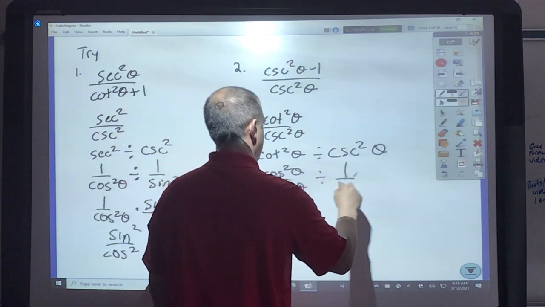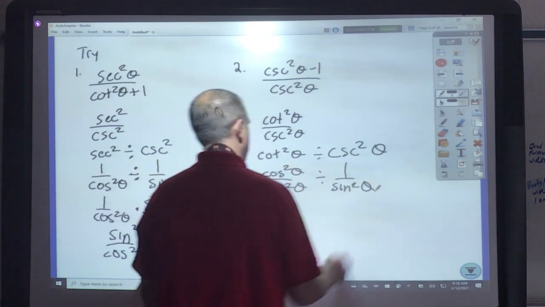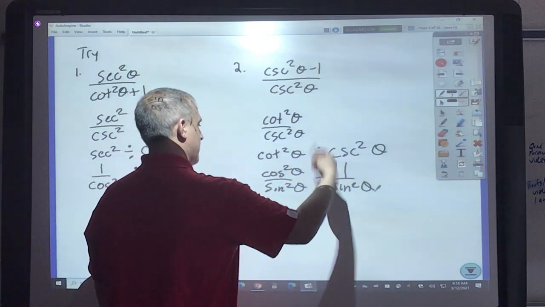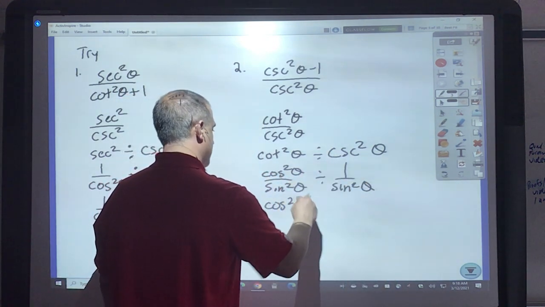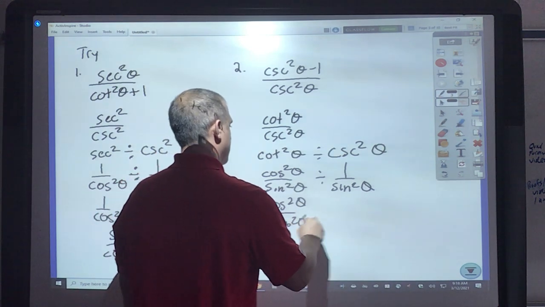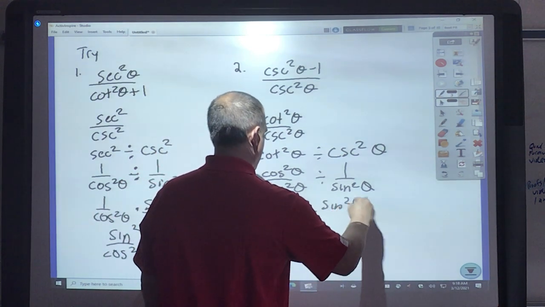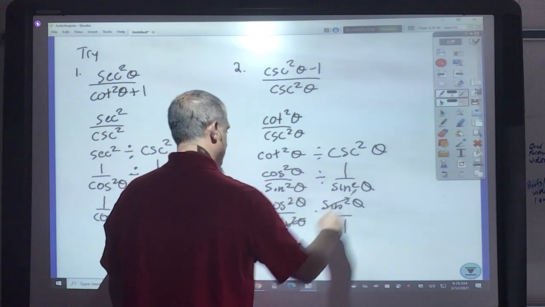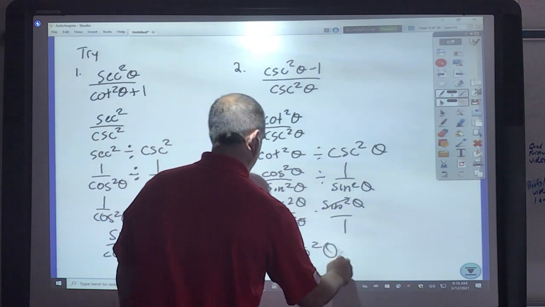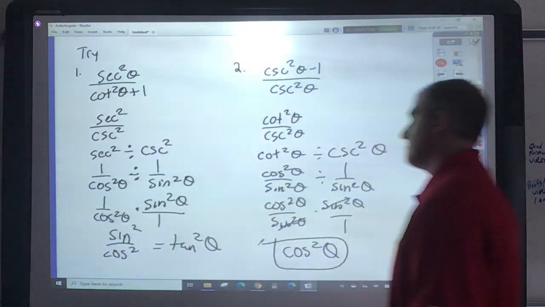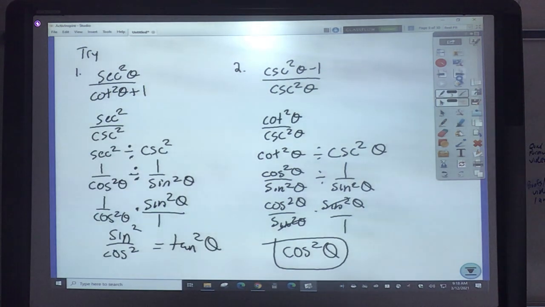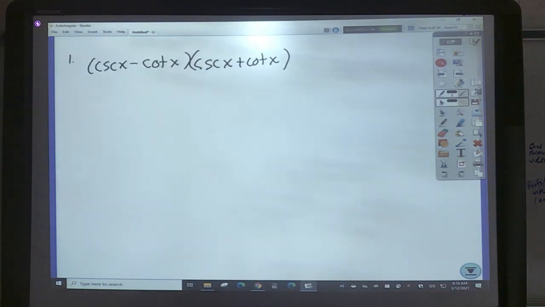When I flip this, it would be cosine squared times sine squared over 1. Those eliminate. I'm left with cosine squared. So just some algebra tricks.